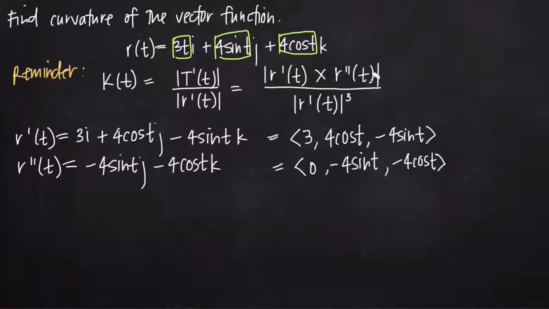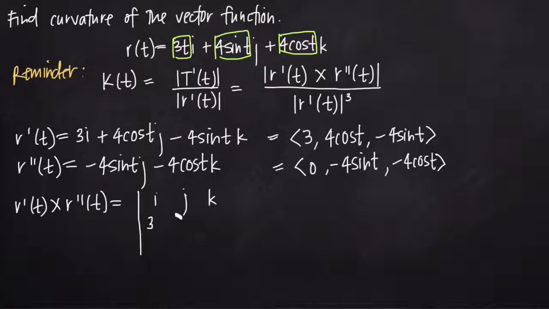Remember the cross product, and we'll just say the cross product of our first derivative and our second derivative is going to be equal to, here we put this in a matrix and we say i, j, and k always in our first row. In our second row we're going to put the first derivative.